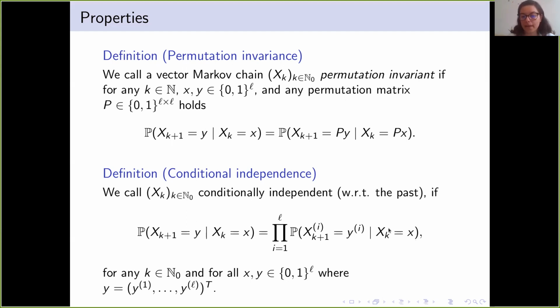So this will be the same as multiplying the probability of each channel going from the whole process to the state y_i, where y_i is just the i-th coordinate of this Y vector.